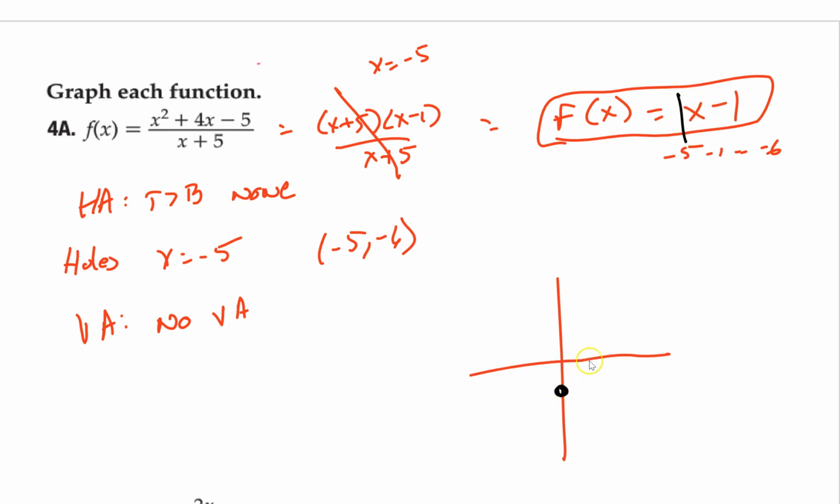Good old linear algebra. Get something like this. Don't forget there's a hole at -5, -6. So let's say that's -5, that's -6. It should be on the line, so that's a hole right there. So graph, hole, graph. There's one part of this graph where you cannot have a value, and that's at -5. And that's how you do one with the hole.